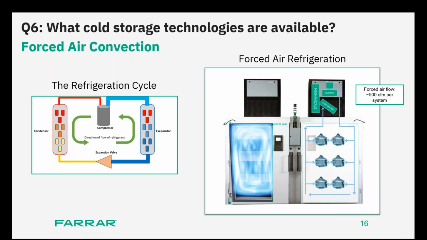Now, once again, let's talk about the advantages with forced air. There are two things that I'd like to point out. Number one, this circular motion of forced air inside the chamber cools and freezes your sample that much faster.